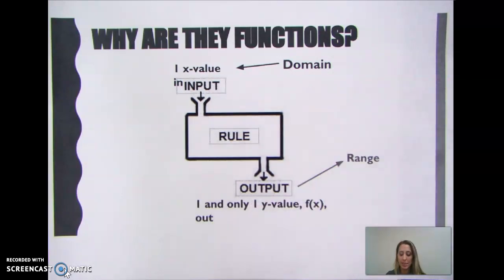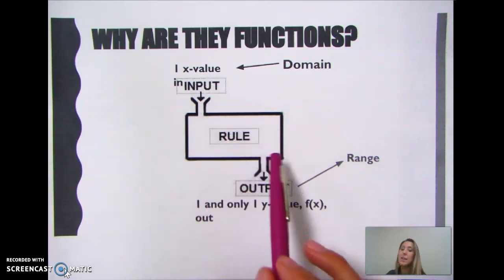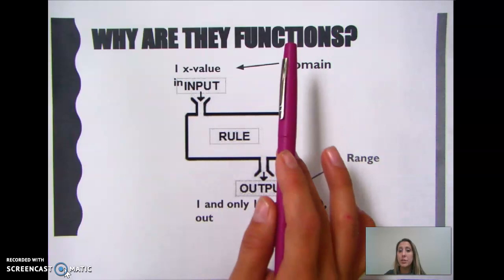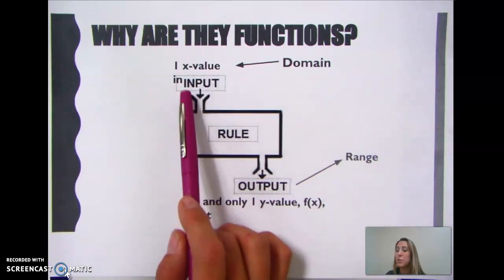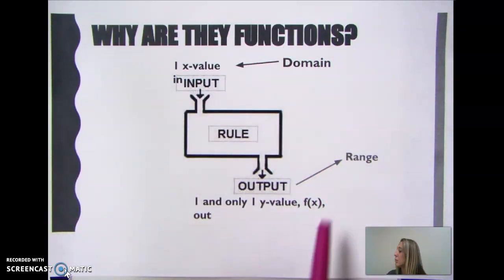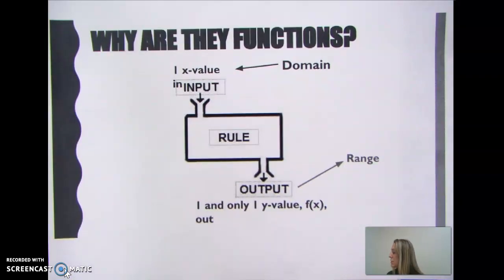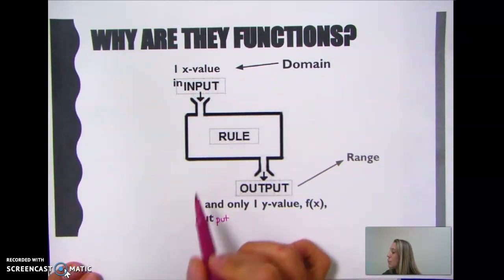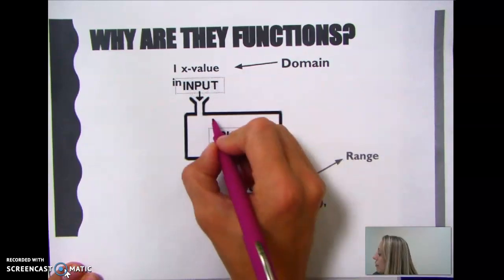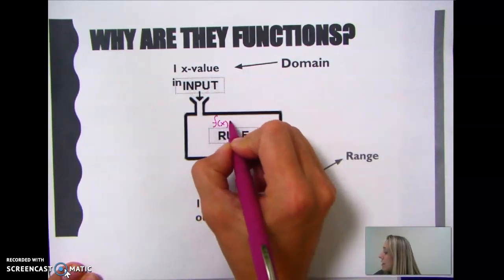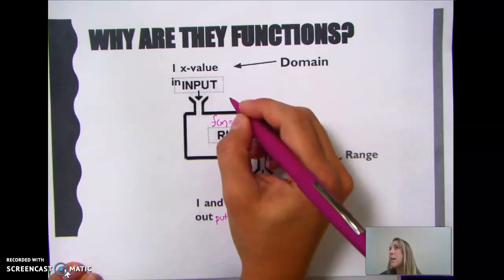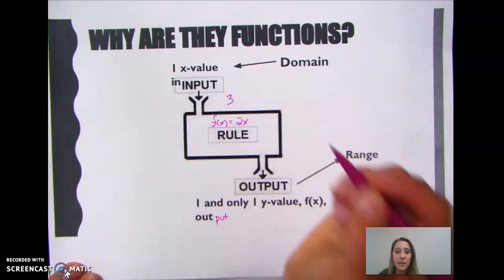In your notes, you don't necessarily need to put this function machine in, but I would put that your domain are going to be your x values or your inputs, and that your range are going to be your y values or your outputs. And when you put in, so if we have a rule of f of x is equal to, say, 2x, and we put an input of, let's do 3.